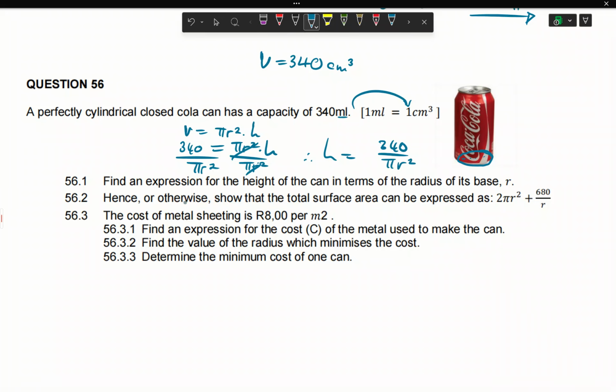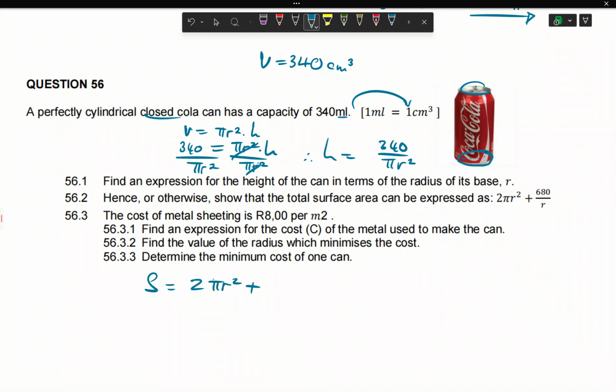So now, hence or otherwise, there's a connection, guys. Show that the total surface area is that. So surface area, guys, remember, they say that it is closed, meaning you have to include the top part, né? So you have the circle at the top and the bottom. The area of those is pi r squared, and there are two, né?